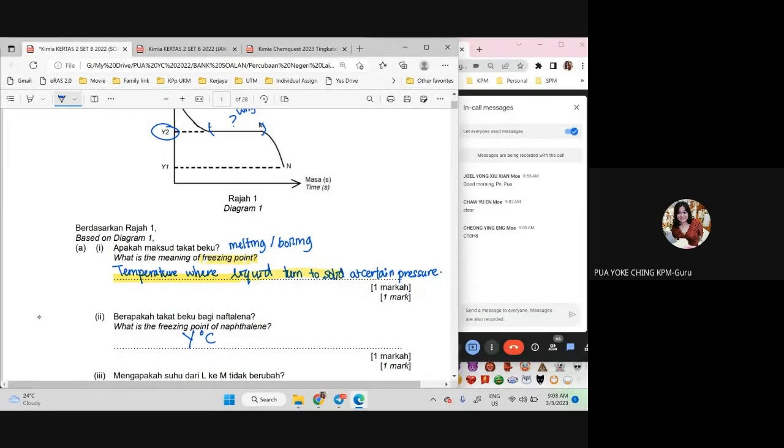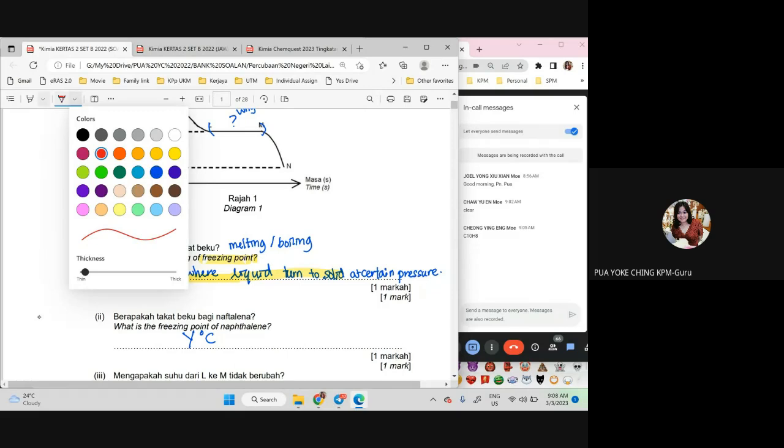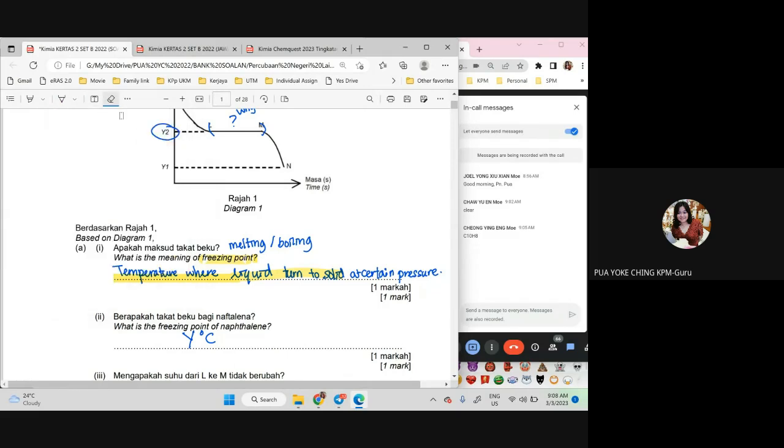This is if the question asks you to state. Remember, if the question asks you to label from the graph, I think this came out in Paper 3 before, make sure you draw a dash line here. Whatever kind of line, you must show it on the graph, circle it, and label here: this is your freezing point. Next.